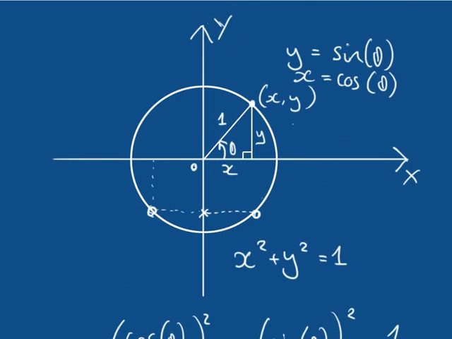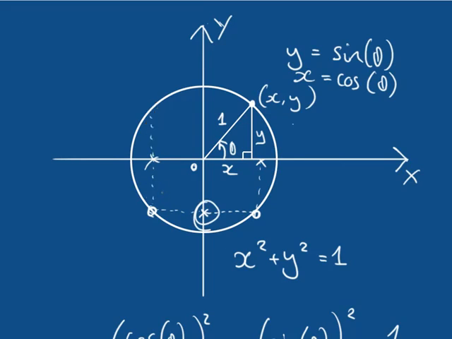Each of them has a different x-coordinate. There are 2 possible values of cosine of theta, the x-coordinate, when we know one value of sine theta, our y-coordinate. And in a similar way, there are actually 2 possible values of sine theta when we know cosine theta. If we knew that cosine theta was equal to this negative value of x, there are 2 y-coordinates that satisfy this. One is positive and one is negative.